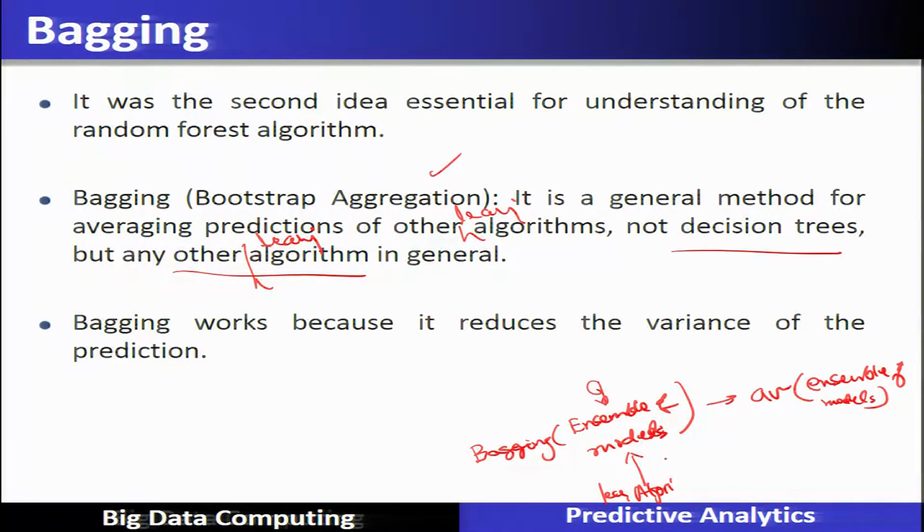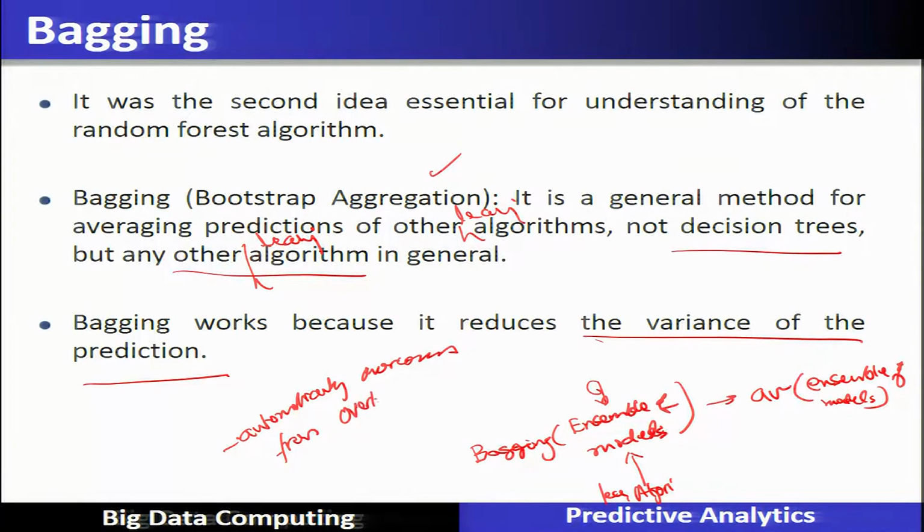So, hence bagging works because it reduces the variance of the predictions. This particular method reduces the variance of the predictions, and by doing this averaging it automatically overcomes the overfitting problems which we have seen in the single decision tree. We will see more details in the further slides.